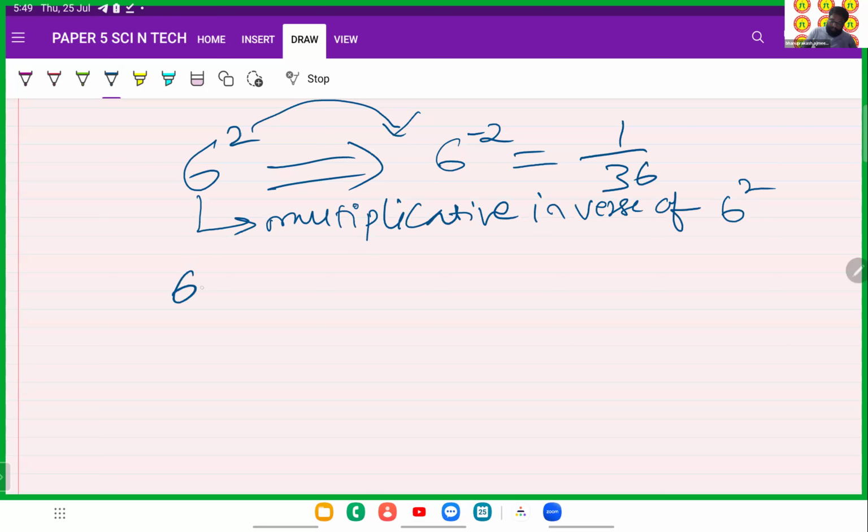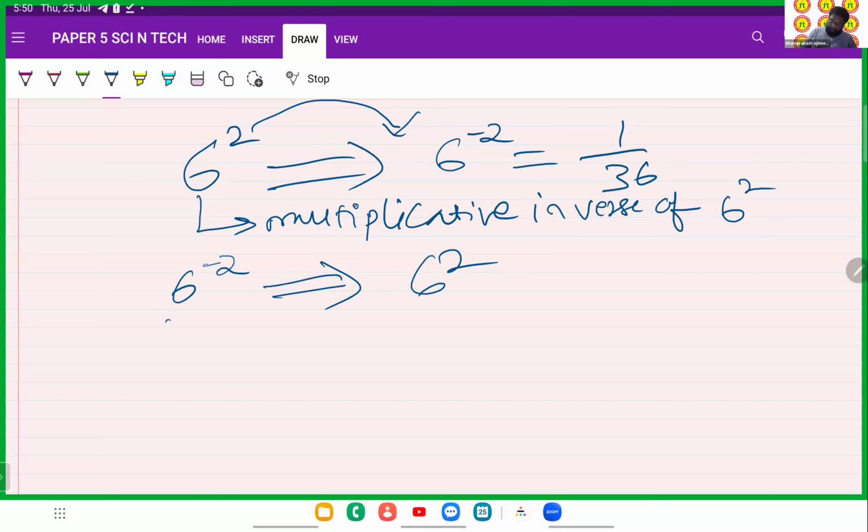If I ask you what is the multiplicative inverse of 6 to the power minus 2, it will be 6 square.